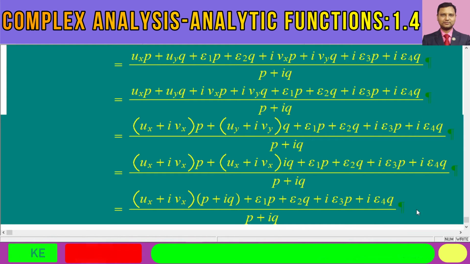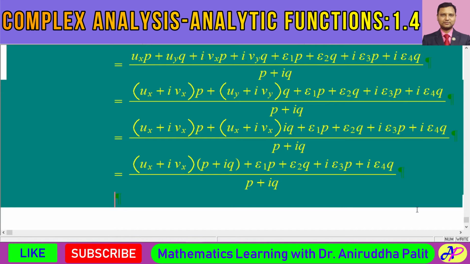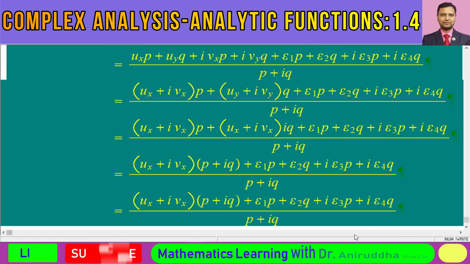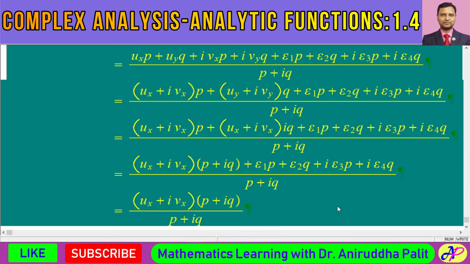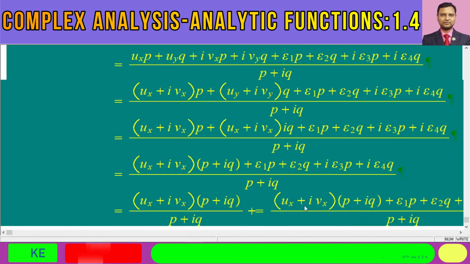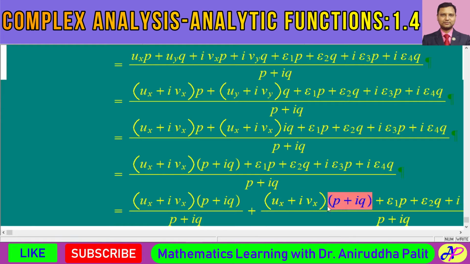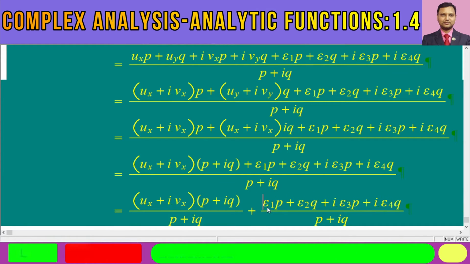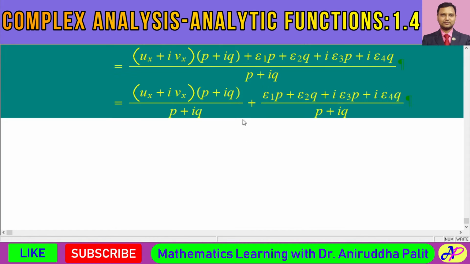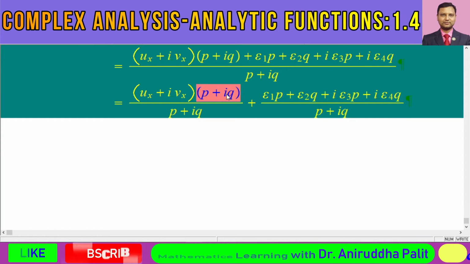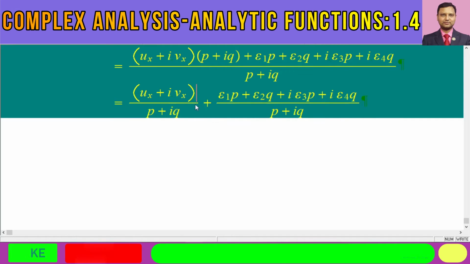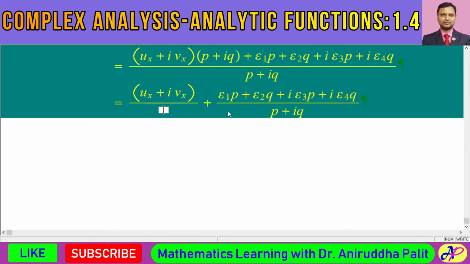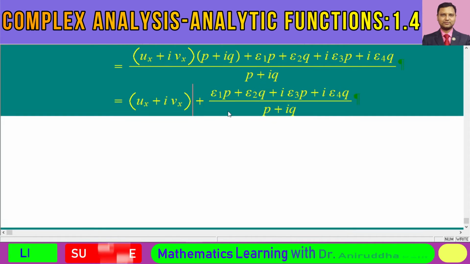Now if we decompose this expression, this is the first term plus the second term. In fact, all these terms can be further decomposed. Over here you see p plus iq and this p plus iq will get cancelled, and therefore we just cancel them, because ultimately we will have to take p and q tending to 0, 0, so p plus iq will be not equal to 0.